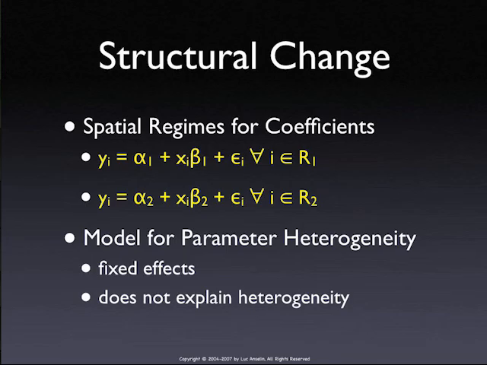Okay. Spatial regime regression is moving up a little bit in terms of complexity, but it's very much the same frame of mind. But now we let not only the mean vary between the regimes, but we let the parameters themselves vary. So we have, let's say, two subregions, region 1 and region 2. In region 1, the parameters are alpha 1, beta 1, and in region 2, the parameters are alpha 2 and beta 2.